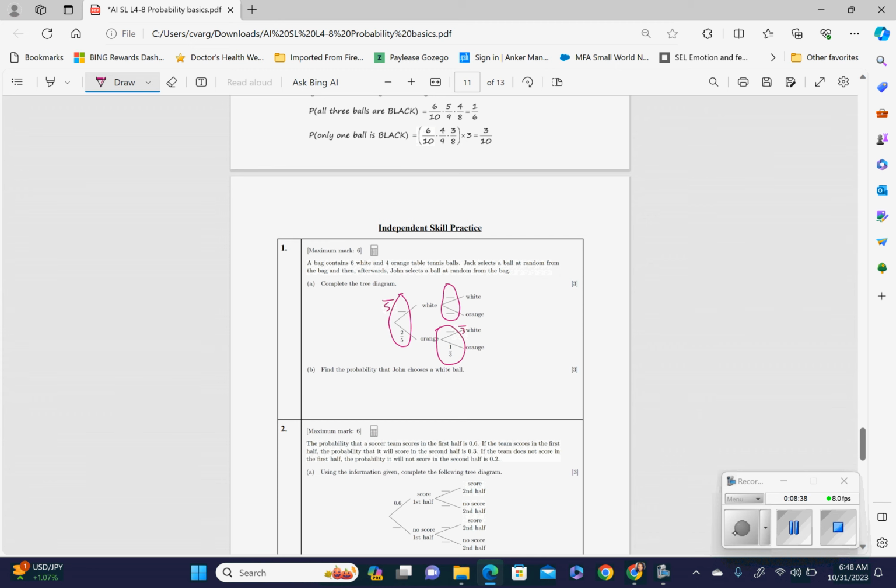There's 6 white, 4 orange. So if you took 1 white from here, there's no longer the combined 10, there's now 9. And if you took 1 white, how many white are left? And once you get that, these two have to add up to 1 whole. So that's how you can use process of elimination and deduction to figure out what numbers go here, and then to answer the question, okay?